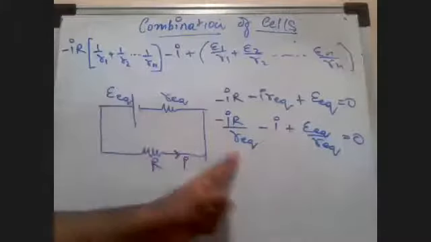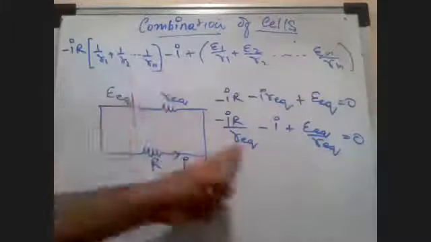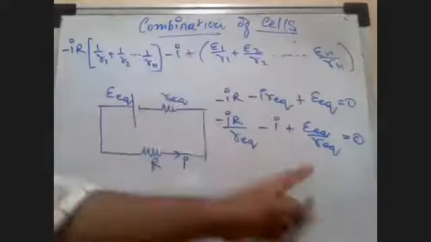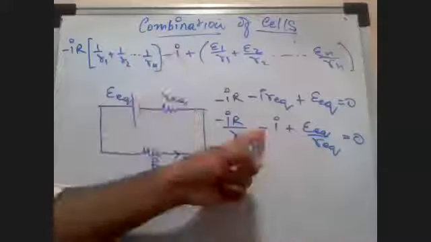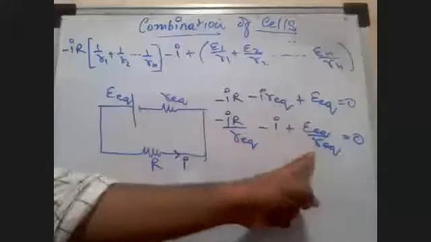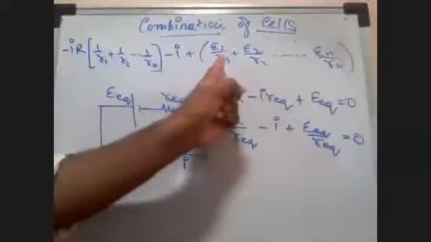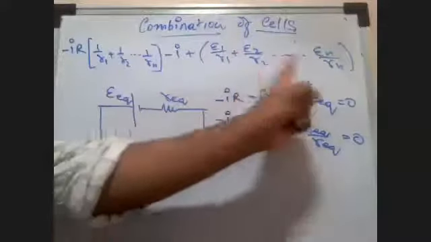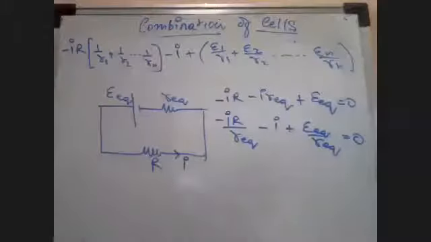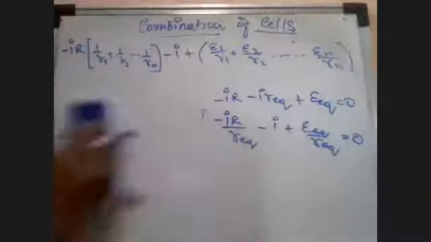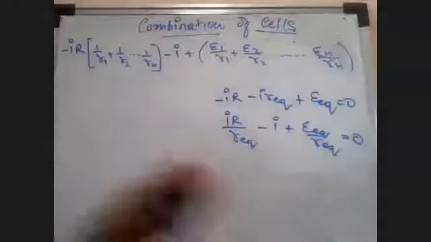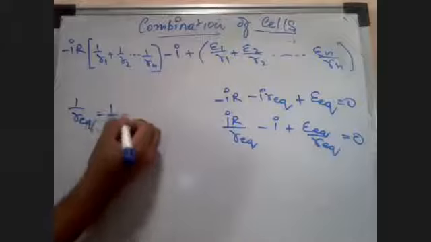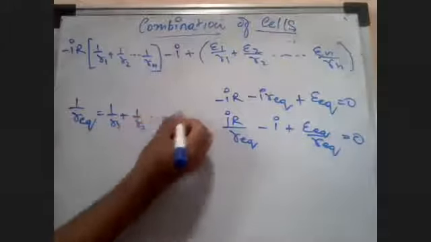Yes, sir. Similarly, forget this current now, we have nothing to do with it right now. Look at this. If you compare it, you're not getting anything. But if you compare epsilon equivalent upon R equivalent, what are we getting? Epsilon 1 upon R1 plus epsilon 2 upon R2 till epsilon n upon Rn. So can I say that I am basically getting 1 upon R equivalent equal to 1 upon R1 plus 1 upon R2 and so on till 1 upon Rn?